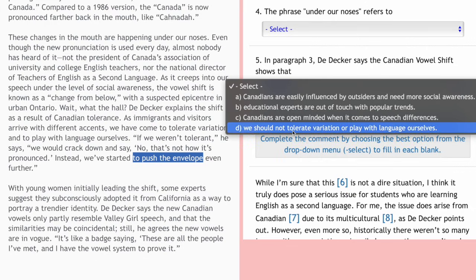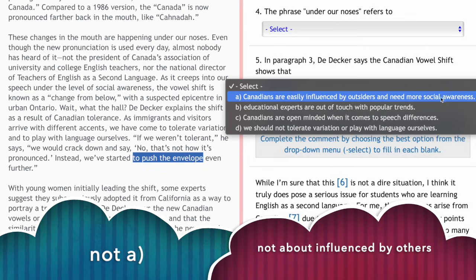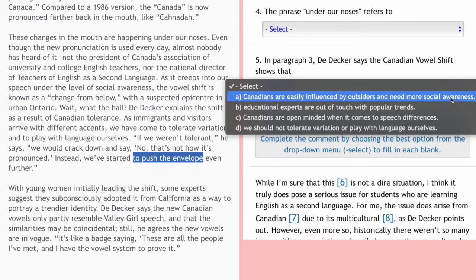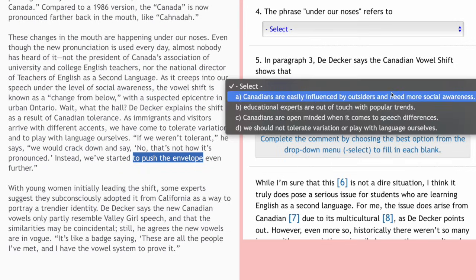So not D. So what do you think, A, B, or C? Well, not A. It's not about Canadians easily influenced and need more social awareness. It says here about social awareness that under the level, so we don't realize it. Not that we need more. So B or C?